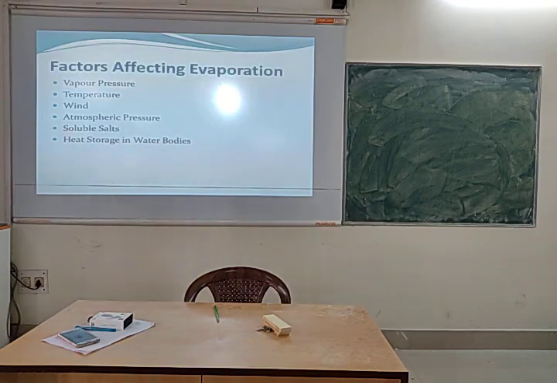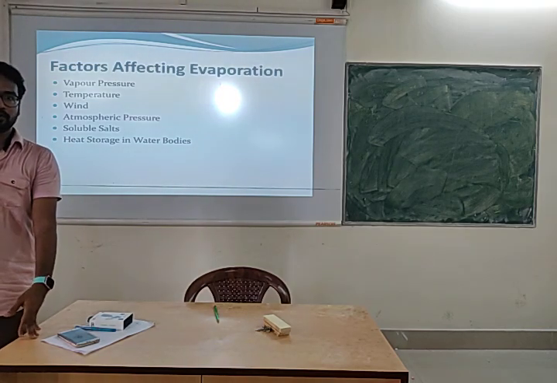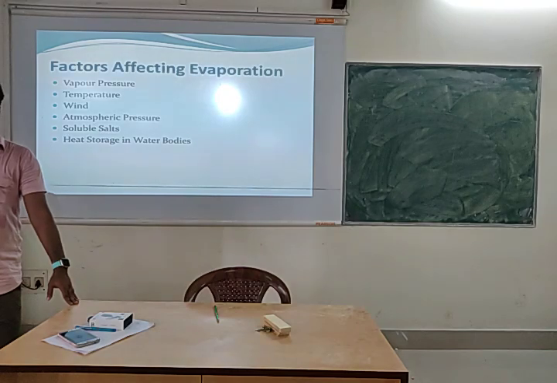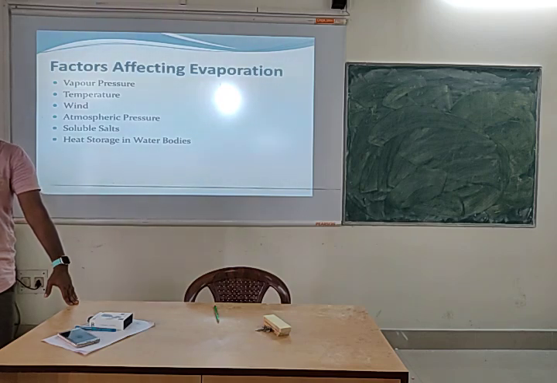So in any hilly areas, they will be having a lesser amount of atmospheric pressure, so the boiling point will be below 100 degrees Celsius. So they have to increase their boiling point so that they can boil their food, right?